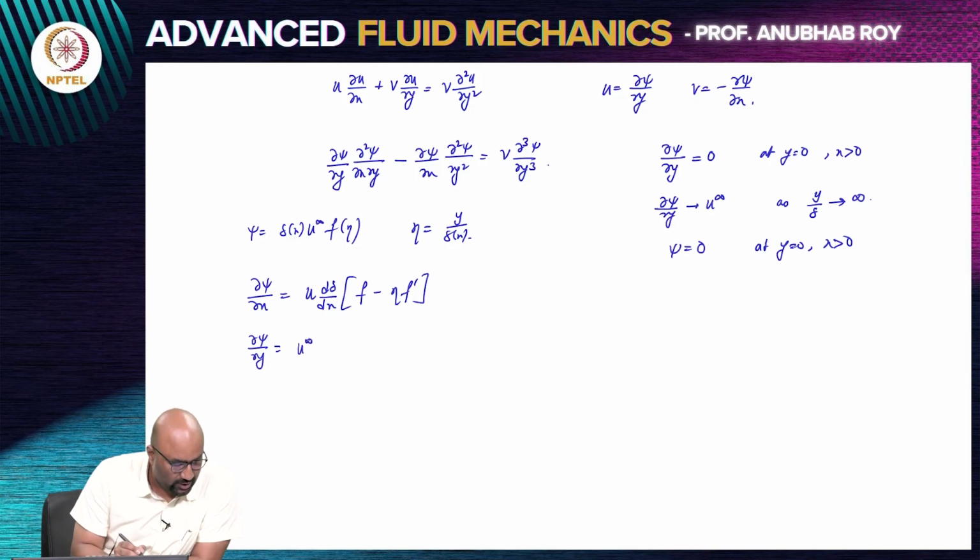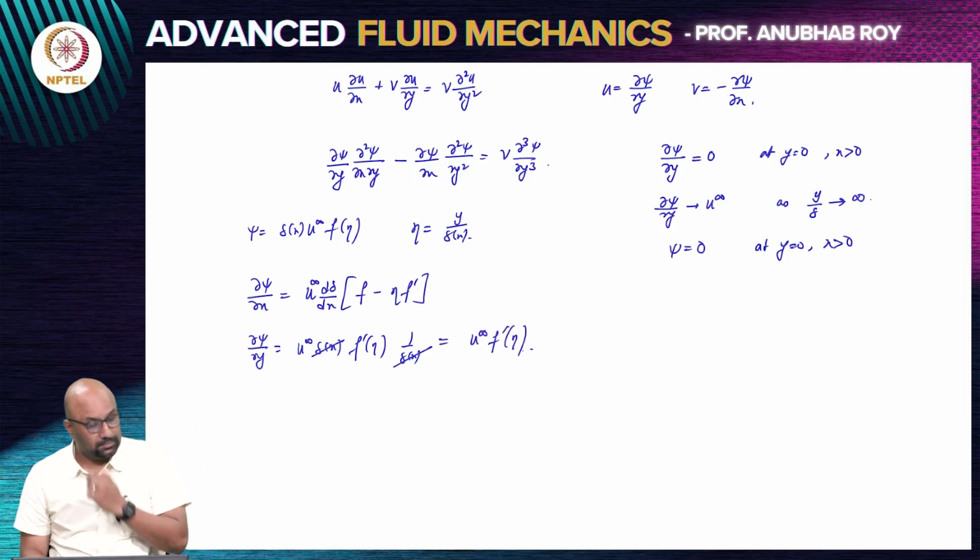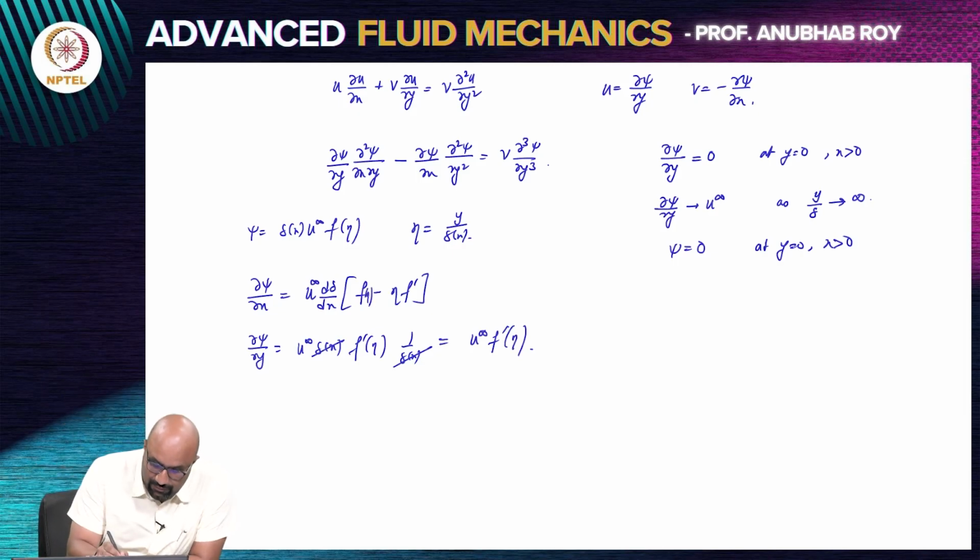So that is just going to be u infinity delta of x f dash of eta and then d eta dy, which is 1 by delta x. So it is u infinity f dash of eta. So these are all functions of eta.